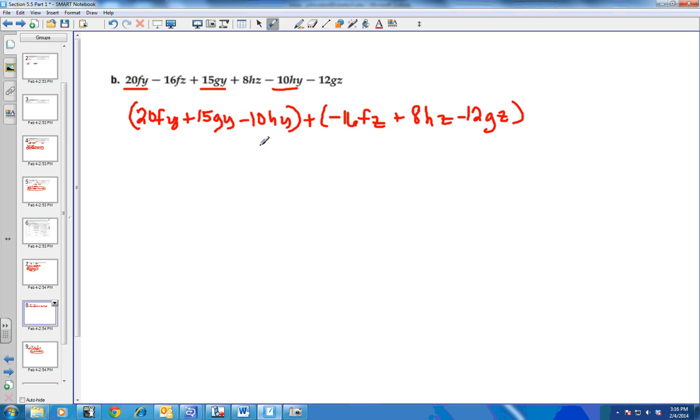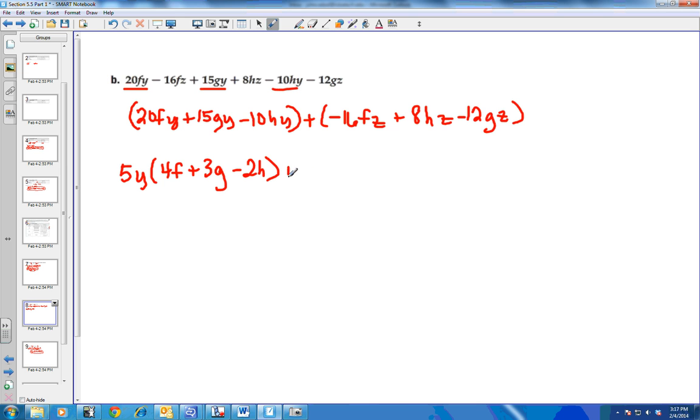Looking at my first set, I know I can factor out a 5, and they each have a y I can factor out. So when I factor out a 5y, I have a 4f plus 3g minus 2h.